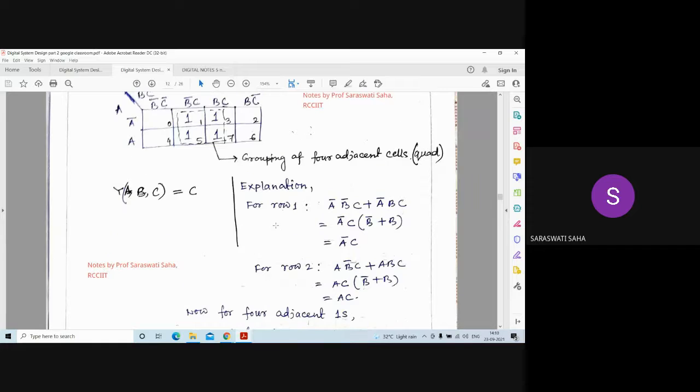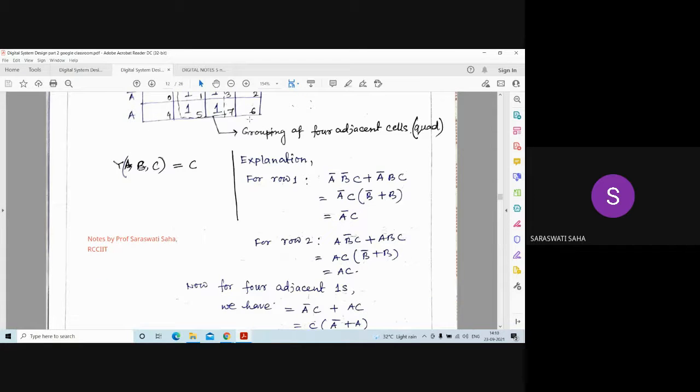So how can you explain this? For row 1, what are the corresponding min terms? A bar B bar C, A bar B C. For this first row, how many min terms are there? 2. So step by step, following the algebraic method, A bar C is common, B plus B bar gives you 1.